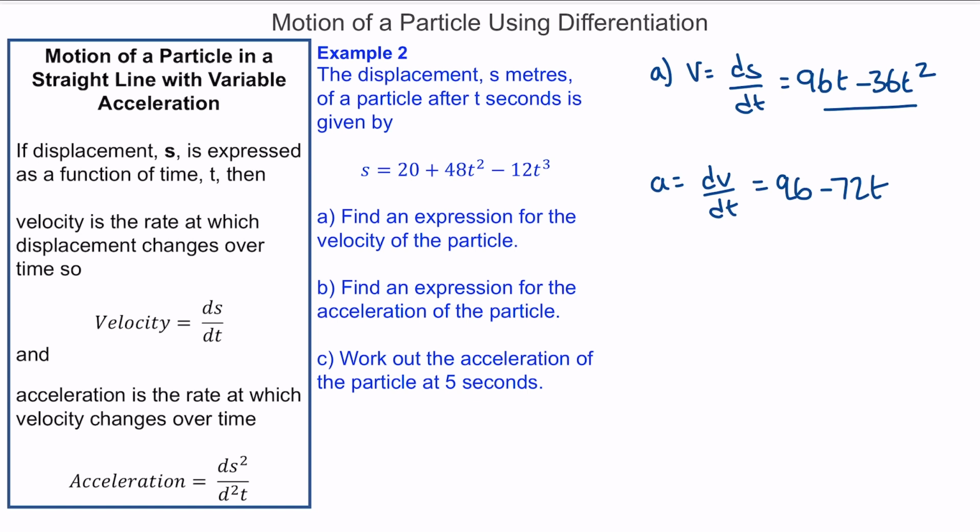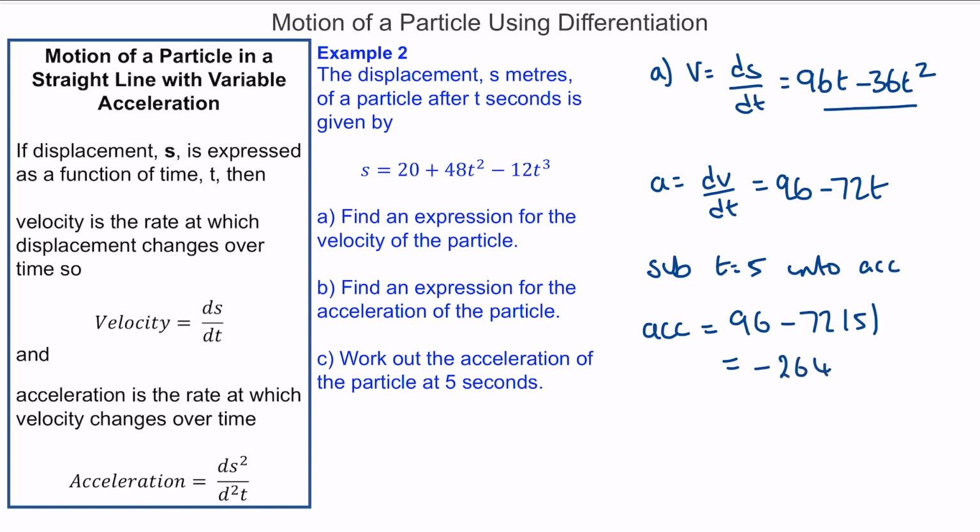And then for part C, work out the acceleration at 5 seconds. So we'll substitute t equals 5 into the acceleration. So we get the acceleration will be 96 minus 72 lots of 5. And this works out as minus 264 meters per second squared.